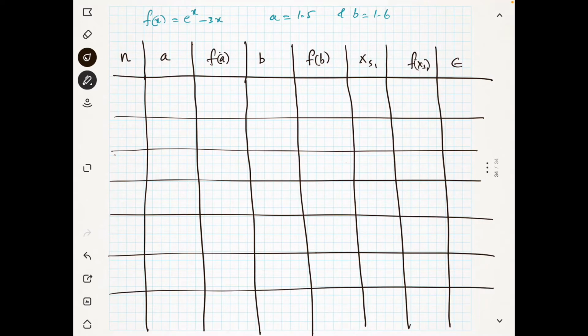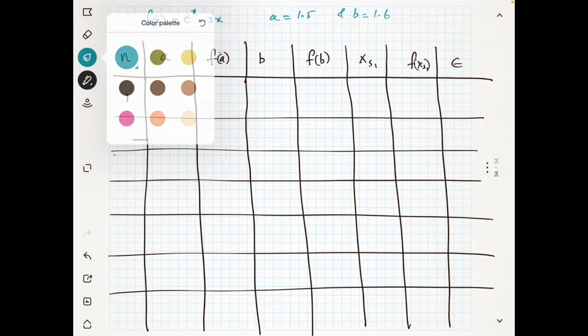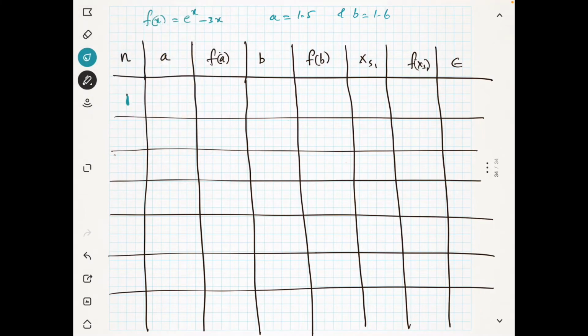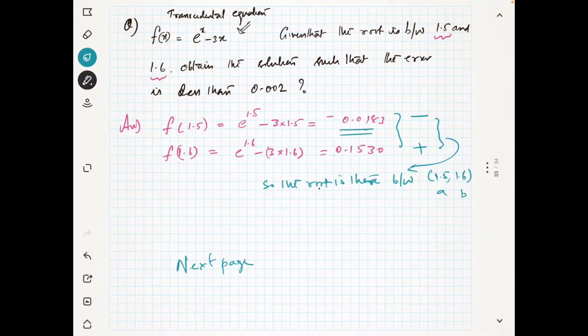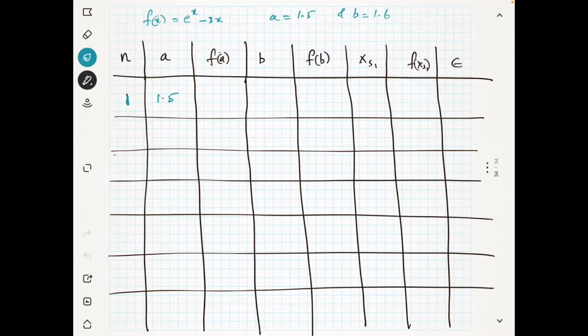Let's see. Now for n equal to 1, so we will start with n equal to 1. Now our A was 1.5 and f of A we have already found as minus 0.183. Now what is B?